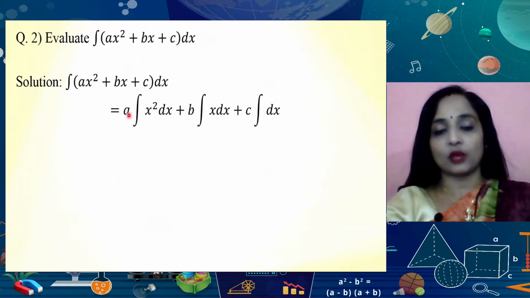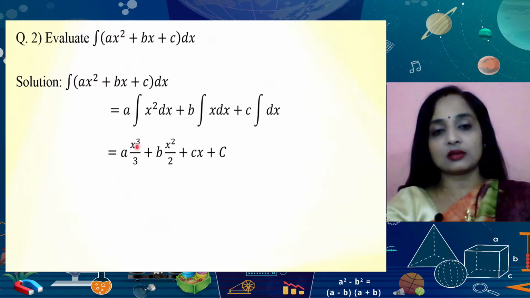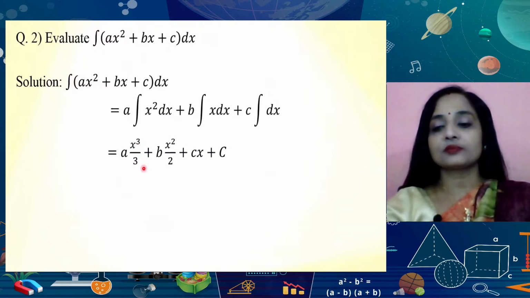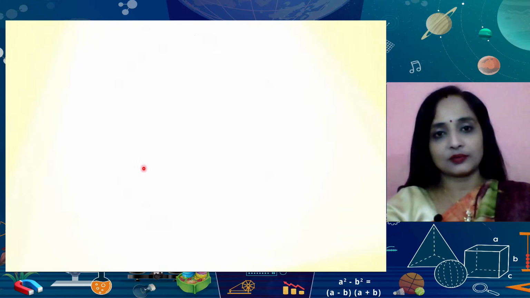Means the integral of ax square can be written as a multiplied by the integral of x square. Similarly, b into the integral of x plus c into the integral of dx. So the integral of x square is x to the power 2 plus 1 divided by 2 plus 1. That will give you x cube by 3. Similarly, b into x square by 2, c into x plus the constant of integration. That will become the answer.